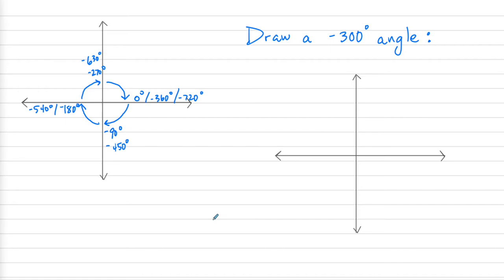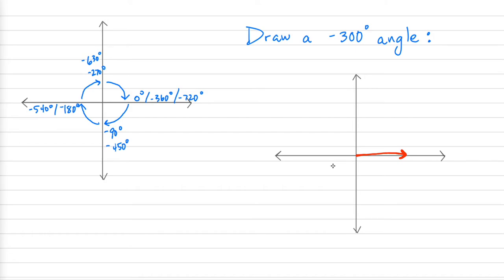Lucas, do you think you could describe to me how to draw a negative 300-degree angle? Yeah. You draw a line on the base to the right, and then you go around from the bottom, clockwise, all the way to 270, and then you go a little past it.